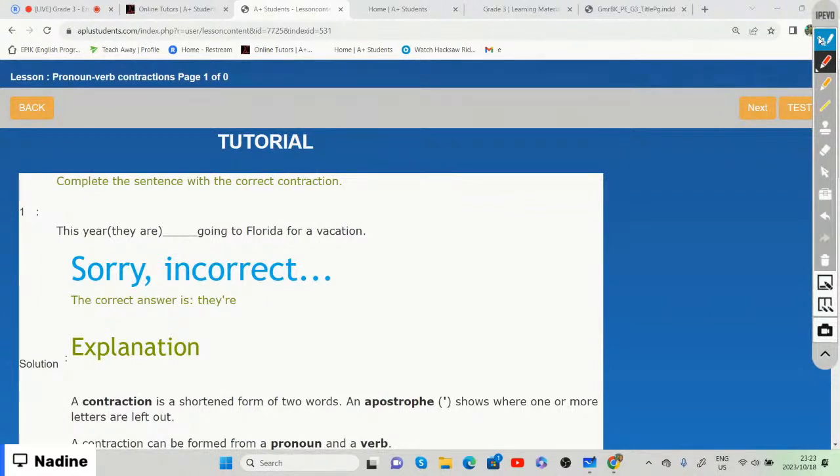This year, they are going to Florida for a vacation.